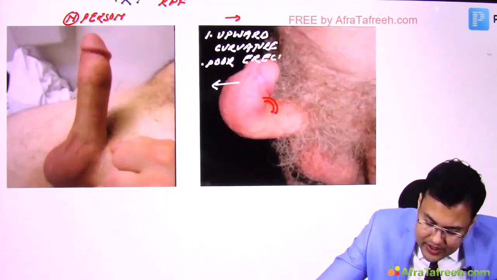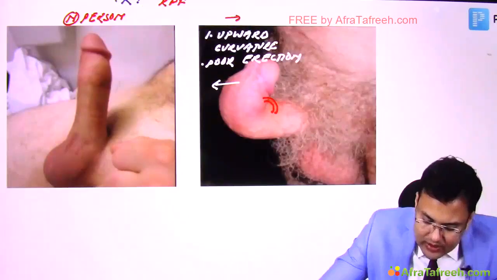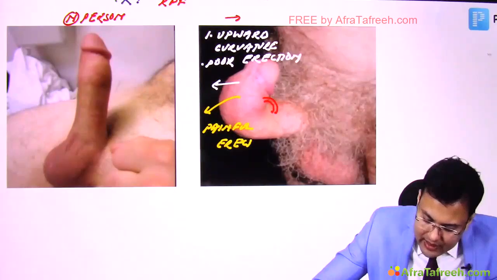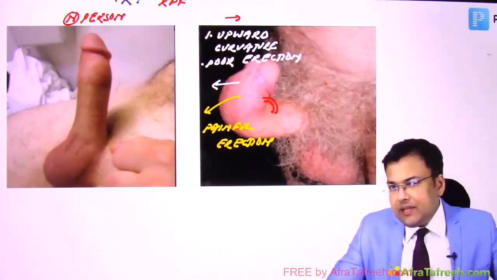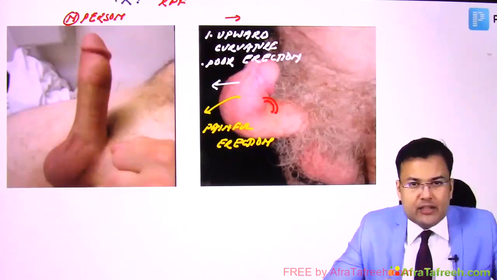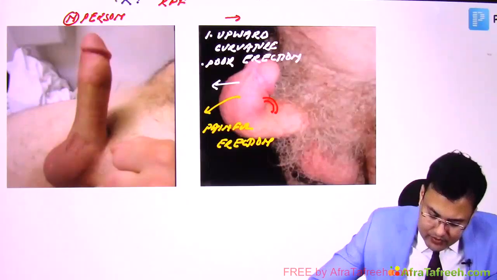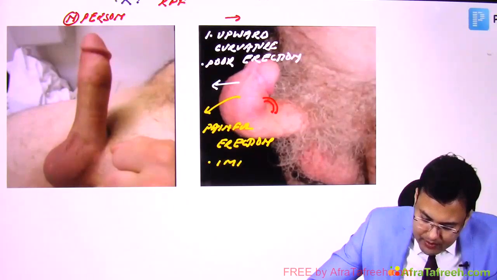So poor erection. What are the other problems? There is painful erection. And the main problem, some patients are not able to penetrate the vagina. So it can lead to what? Impotence and infertility.